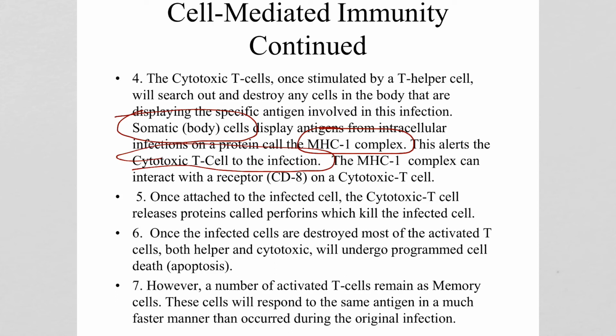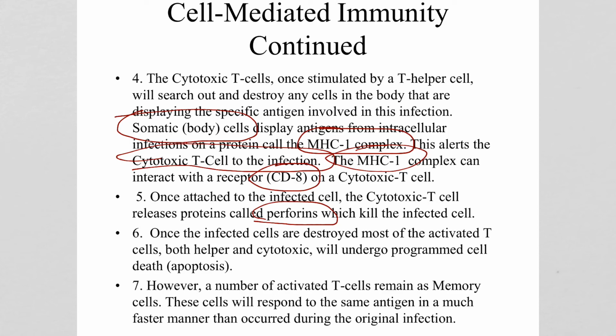So the cytotoxic T cell is going to use a receptor called a CD8 receptor to attach to the MHC1 complex on the infected cell. Once it's attached, the cytotoxic T cell is going to release proteins called perforins, which are essentially going to poke holes in the infected cell and help to kill it.